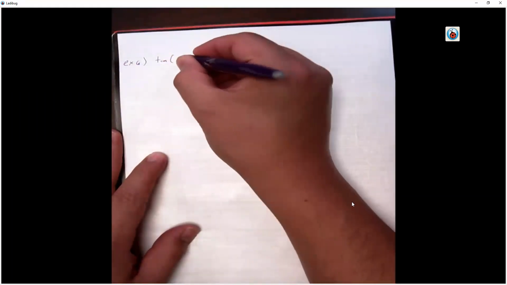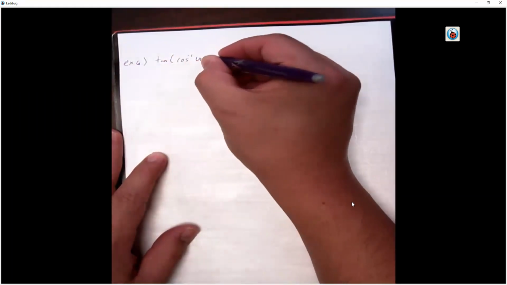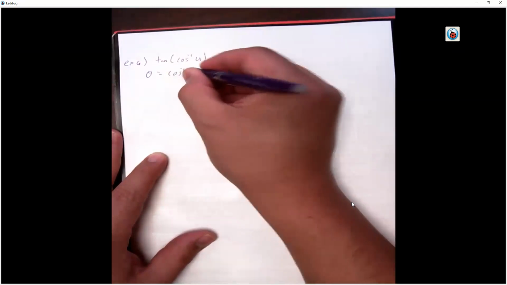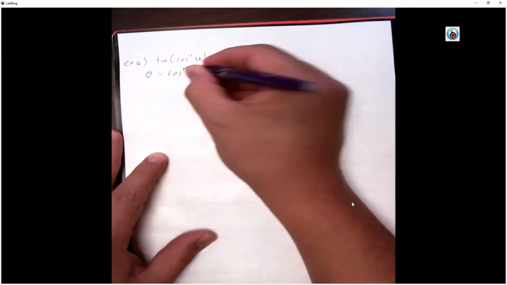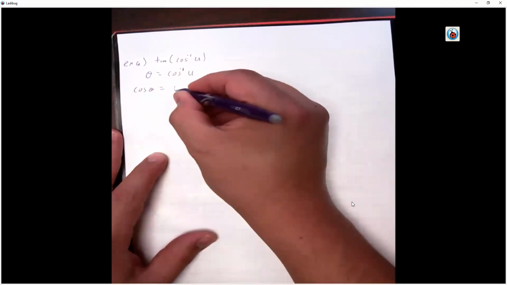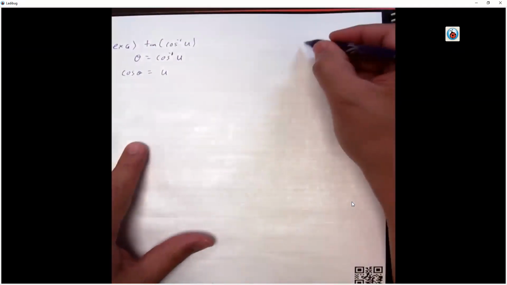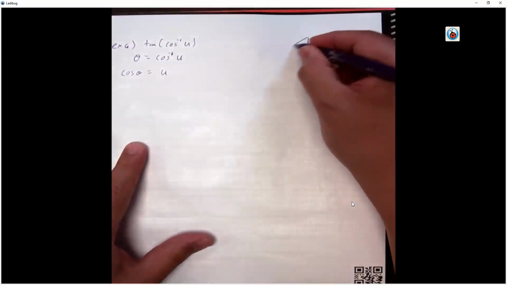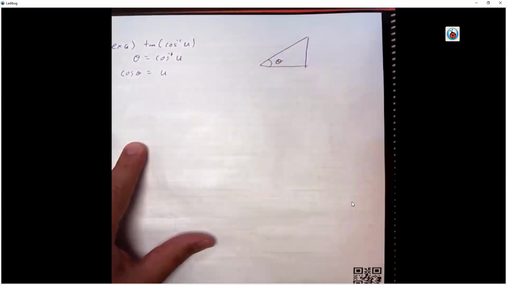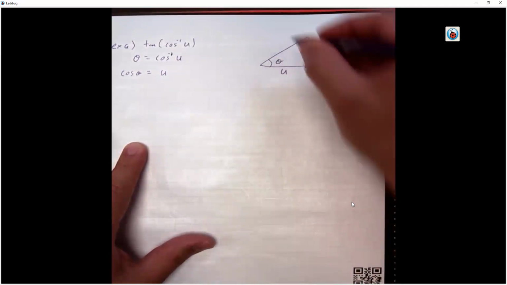Example 6. Let's do tangent of cosine inverse of u. So same deal here. Theta will be the cosine inverse. Cosine theta is equal to u. Build a triangle. I choose the theta to be there, so adjacent is here.